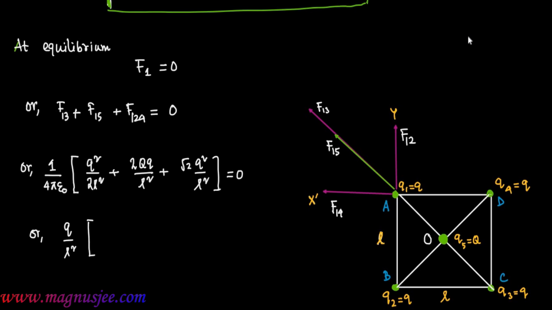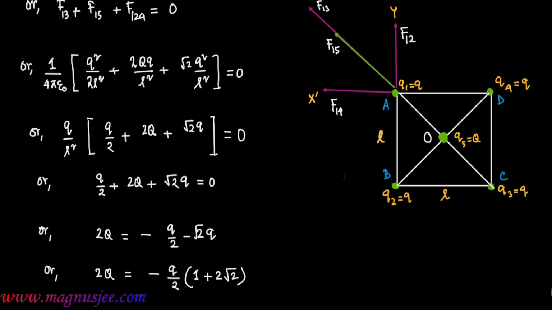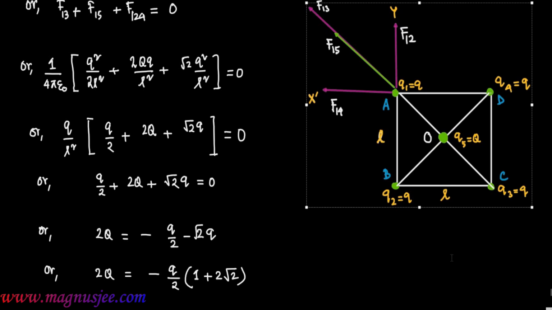Here q by L square is taken common. We get q under bracket q by 2 plus 2 capital Q plus root 2 q equals 0. So 2 capital Q equals minus q by 2 minus root 2 q, or 2 capital Q equals minus q by 2 taken common, under bracket 1 plus 2 root 2.